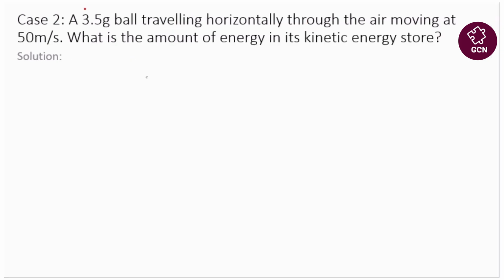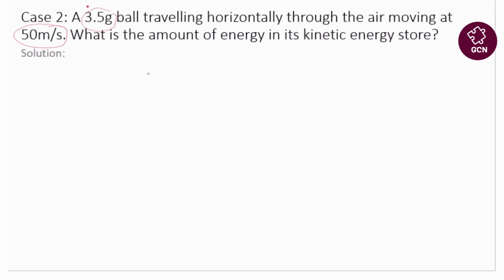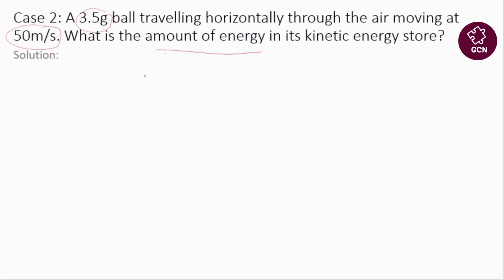Okay, so for case 2, a 3.5 gram ball traveling at 50 meter per second. What is the amount of energy in its kinetic energy store? So from here, we are just going to see that we've been given m, which is the mass, in grams, 3.5 grams.